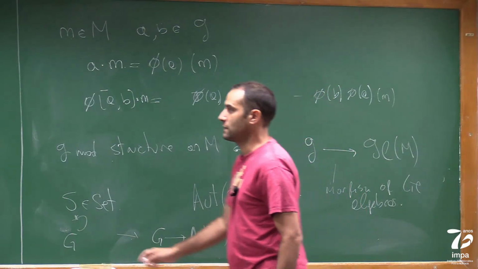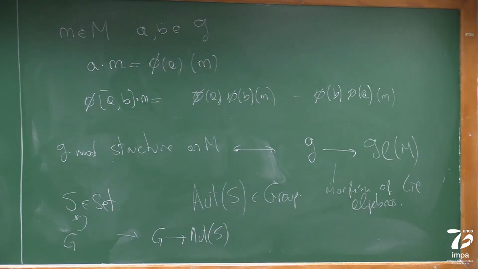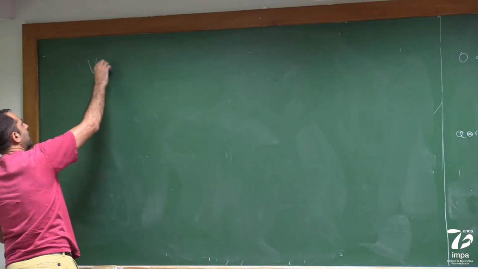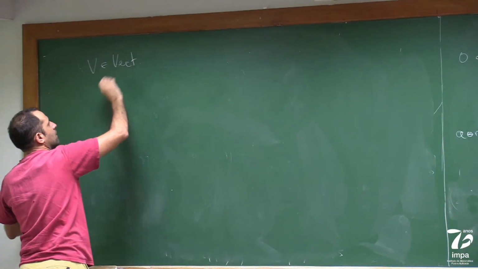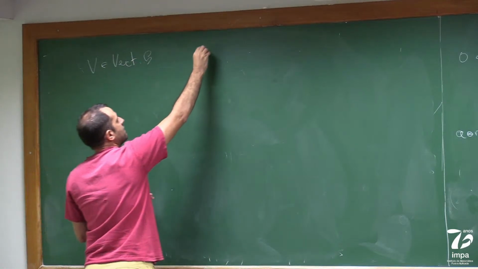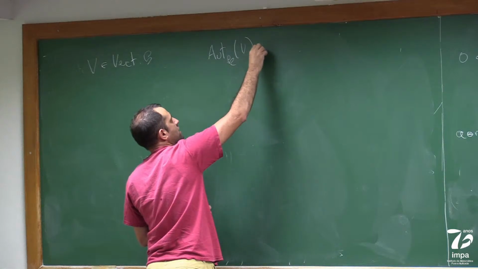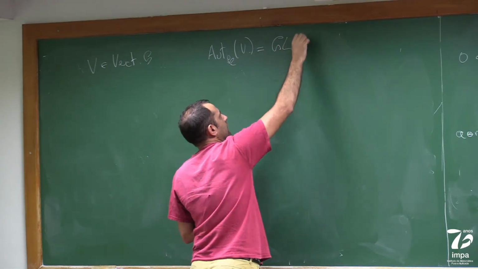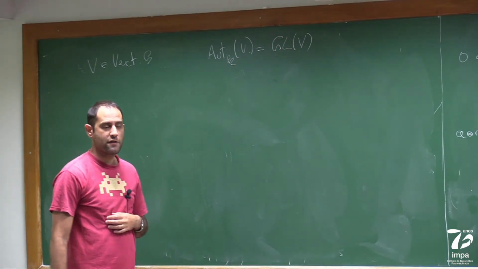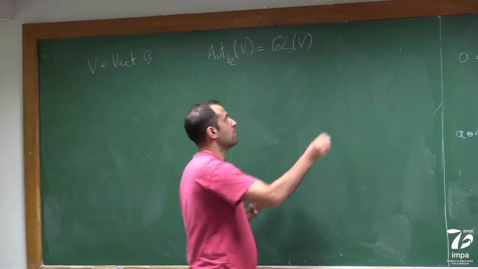If you want to do this linearly, if V is a vector space, a K vector space, then the linear automorphisms of V, otherwise written as GLV, so those are the endomorphisms that are invertible, this is a group under composition.